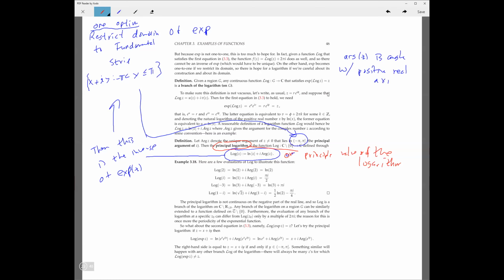The principal value of the argument would be the theta that's between negative pi and pi. So the principal argument would also reflect this right here.